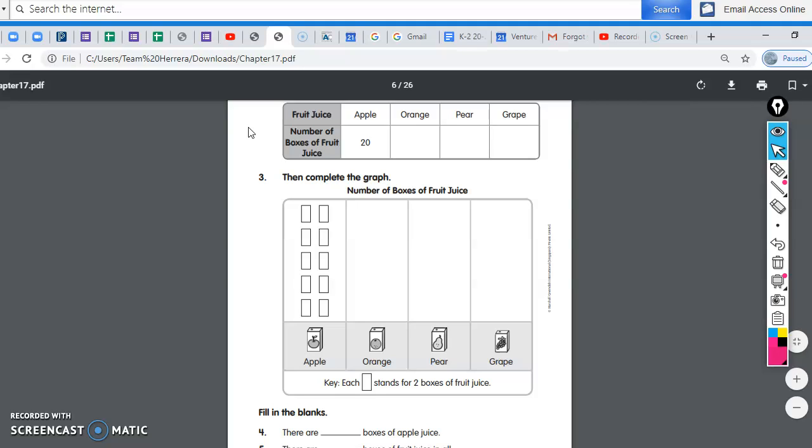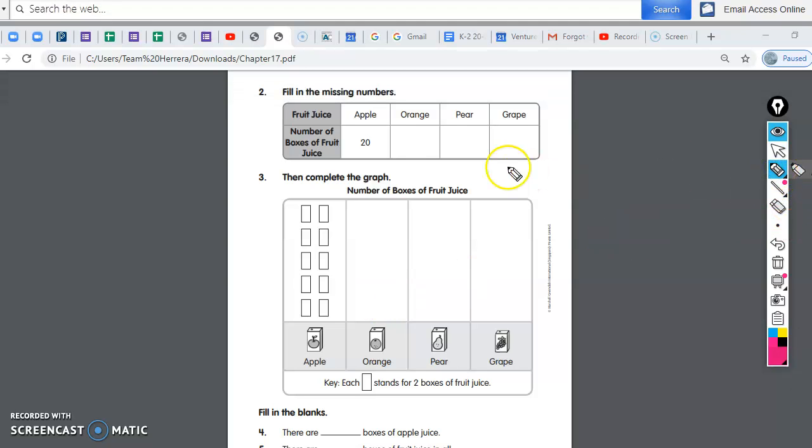So we already know that we had 20 apple juices. So again, our key down here is saying each box or rectangle stands for 2 boxes of fruit juice. Okay, so we have 8 of our orange.